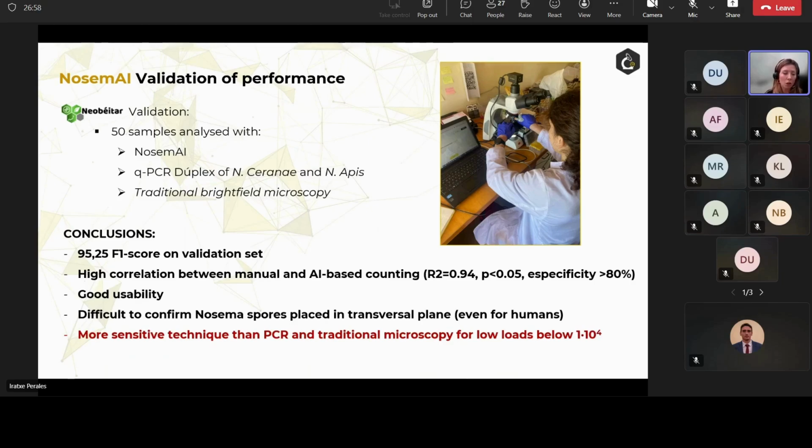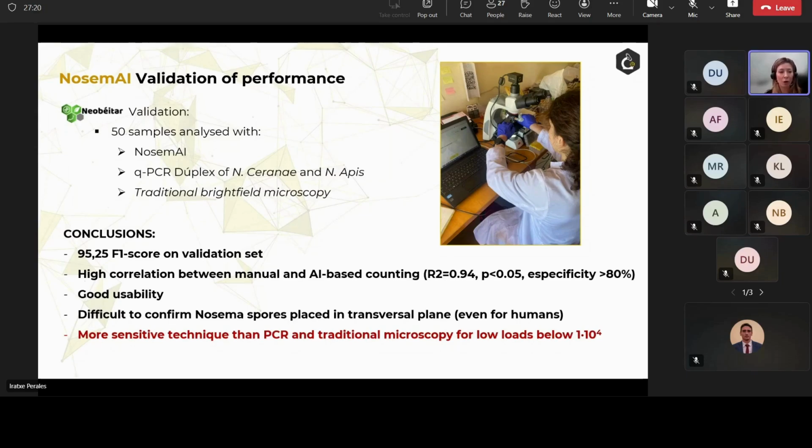The conclusion was a 95% F1 score on the validation set, high correlation between manual and AI-based counting, with 0.94 correlation and specificity above 80%. They reported good usability.